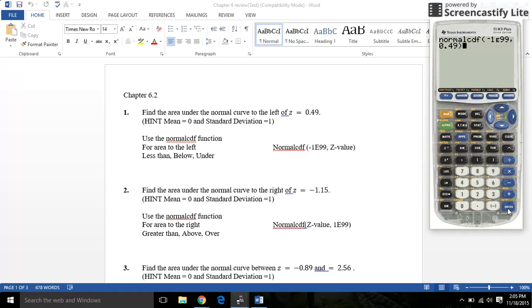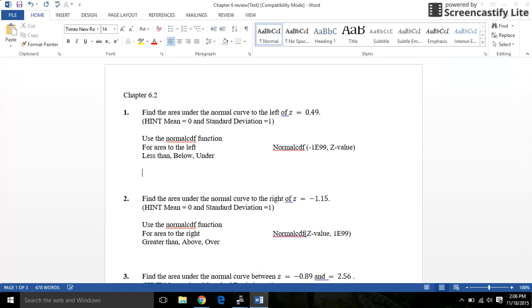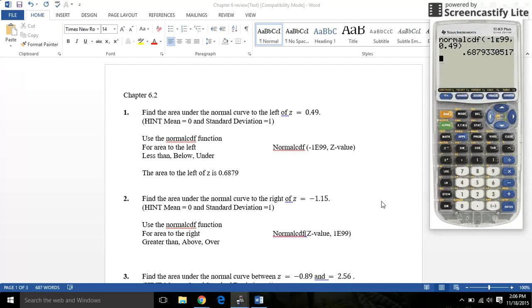Close my parentheses, and for this one I get 0.6879. So my answer is the area to the left of z is 0.6879. And where did I get that again? I got that from my calculator.